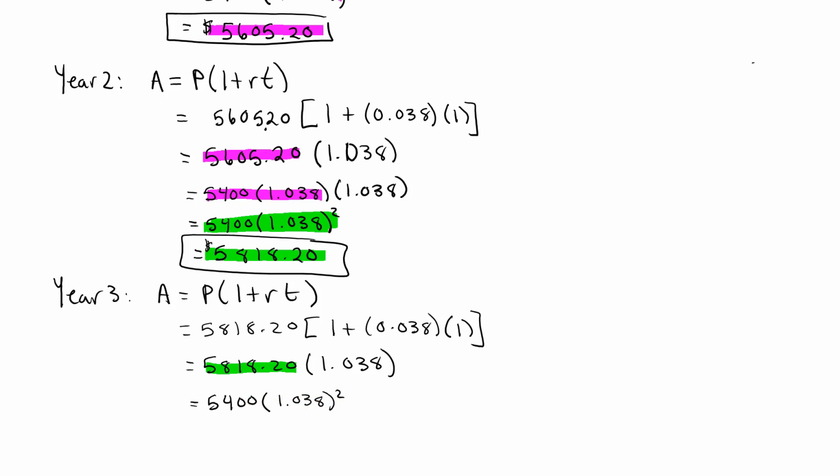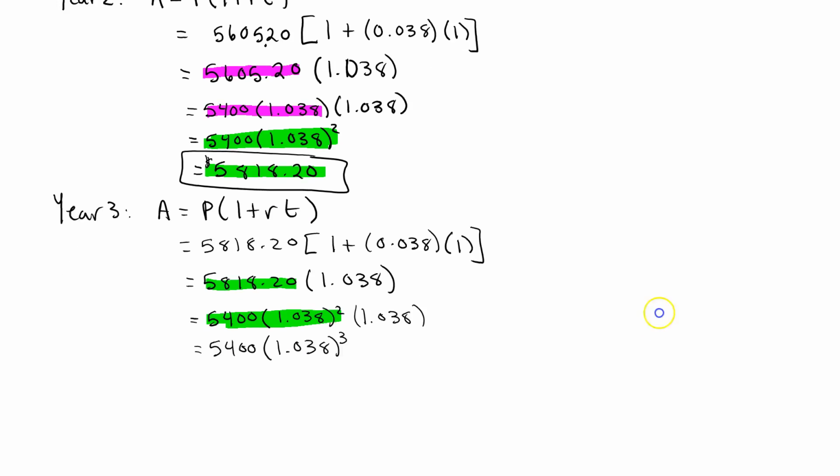The only thing that we did was we substituted in here. But look, we have one more 1.038. So it's actually 5,400 times 1.038 to the 3. Year 3.